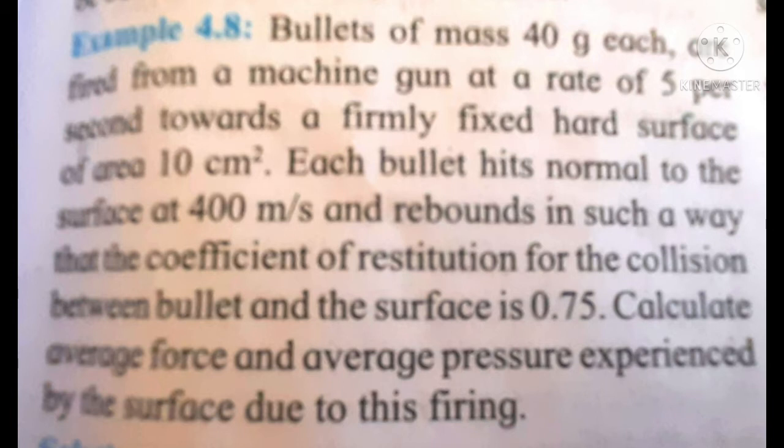Each bullet hits normal to the surface at 400 meters per second and rebounds in such a way that the coefficient of restitution for the collision between bullet and the surface is 0.75. Calculate average force and average pressure experienced by the surface due to this firing.